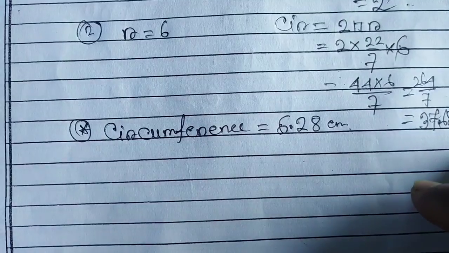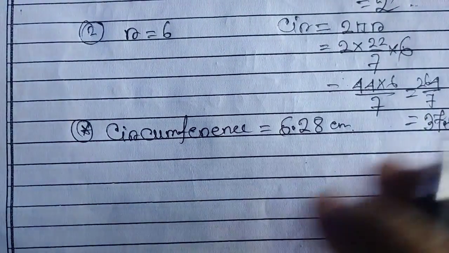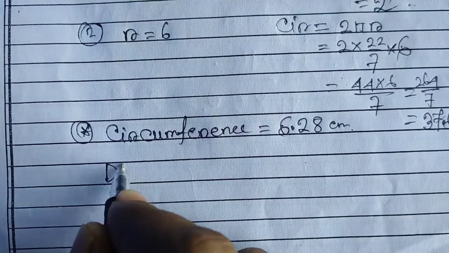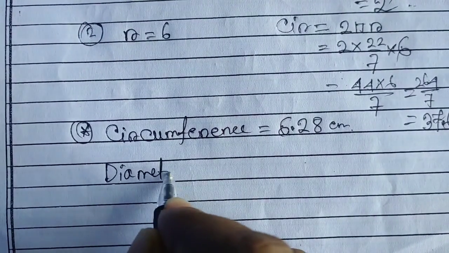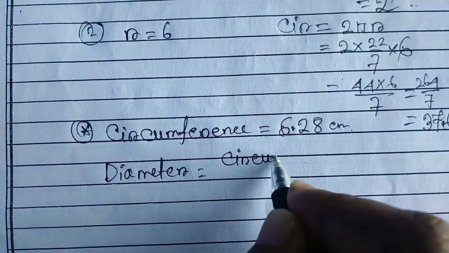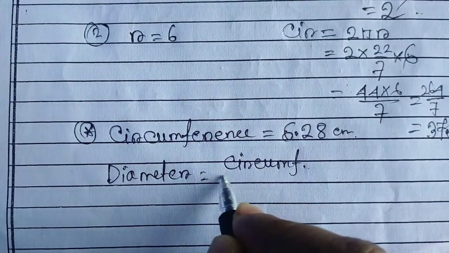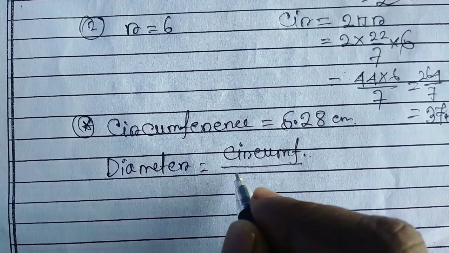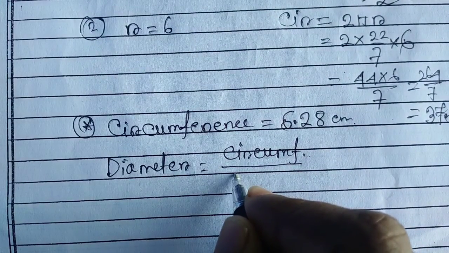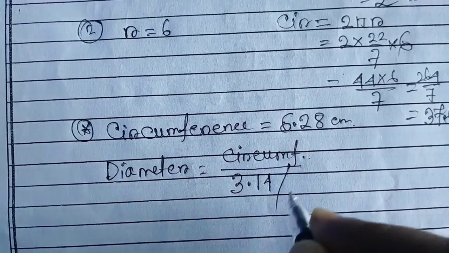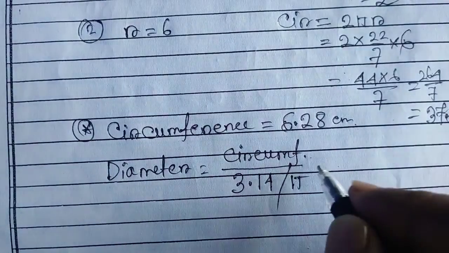What is the formula for finding the diameter? Diameter is equal to, we know, circumference by 3.14 or pi, anything you can write here.